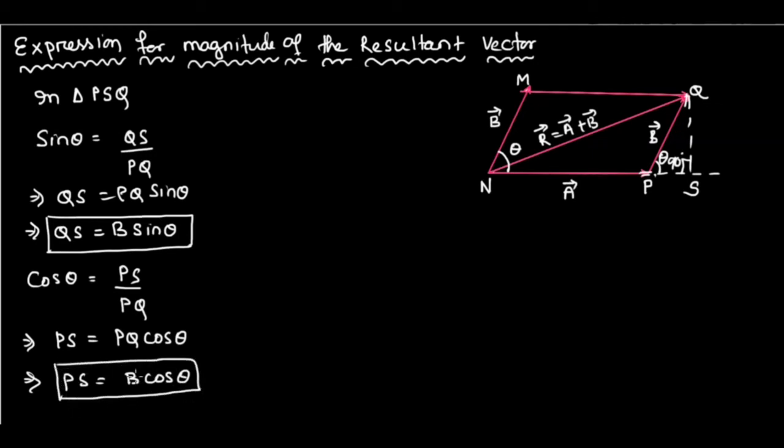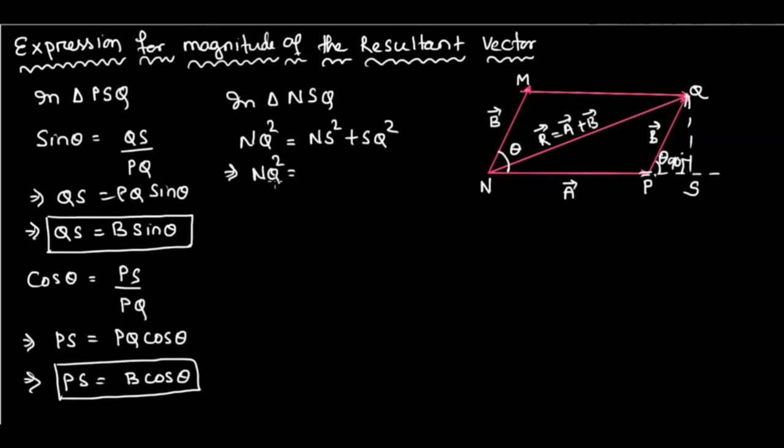Is that clear? After finding QS and PS, now look at the larger right angle triangle NSQ. In the triangle NSQ, NQ is the hypotenuse, NS is the base, SQ is the perpendicular. Using the Pythagoras theorem, NQ square is equal to NS square plus SQ square.